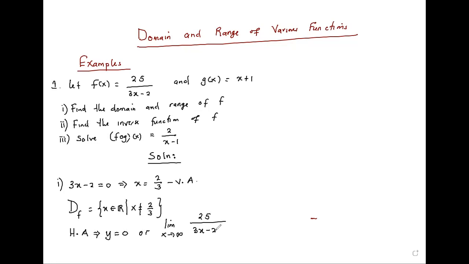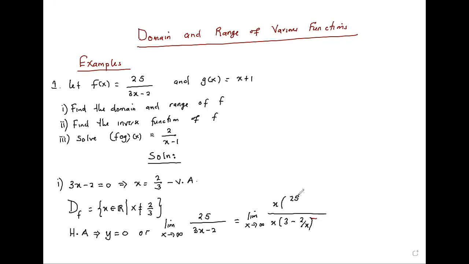How do you get the limit? You simply say this is the limit as x goes to infinity. Factor out the highest degree in the denominator, and you have 3 minus 2 over x. And then on top, you get the same x that is coming from down, factor it out.